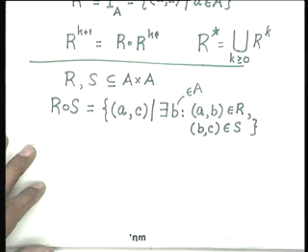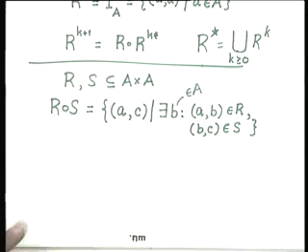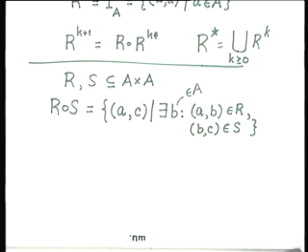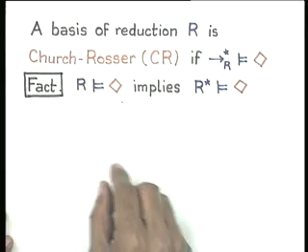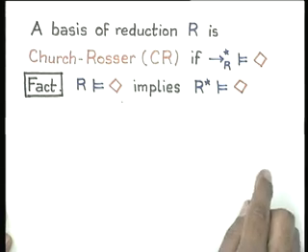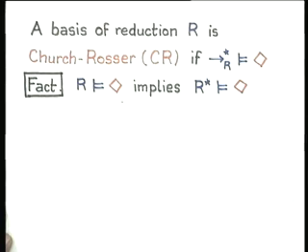So this is just relational composition. R star is a finitary relational composition. That means you do not allow infinitary compositions. If you allow only a finitary composition, and if R already satisfies the diamond property, then R star also satisfies the diamond property, and that proof is very easy.